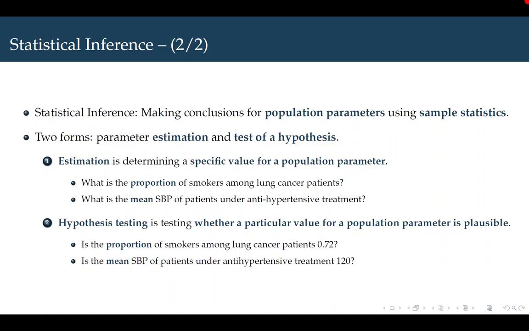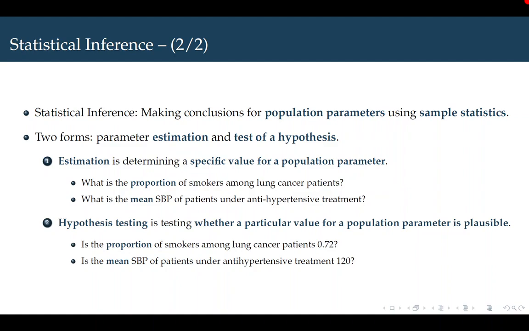Here the parameter of interest is the population proportion of smokers, and we intend to determine whether 0.72 is a plausible value for it. Similarly, is the mean systolic blood pressure of patients under antihypertensive treatment 120? Here the population parameter of interest is the population mean systolic blood pressure, and we are interested in testing whether 120 is a plausible value for it.